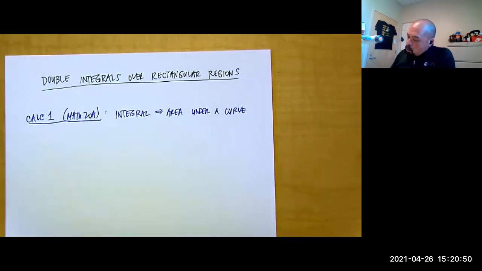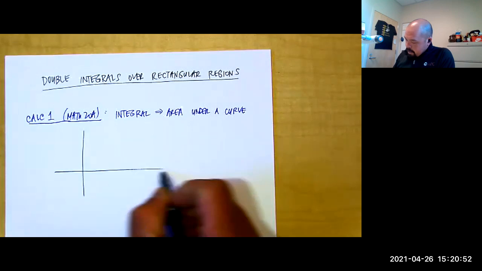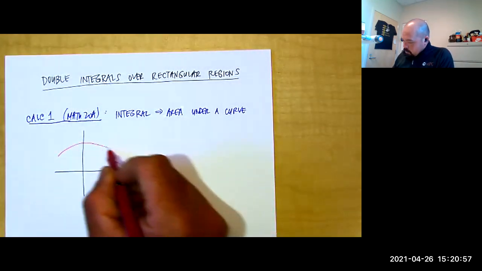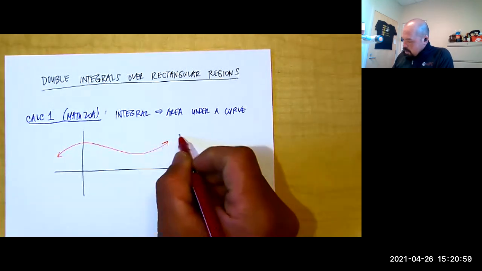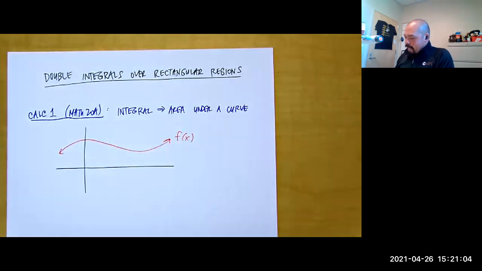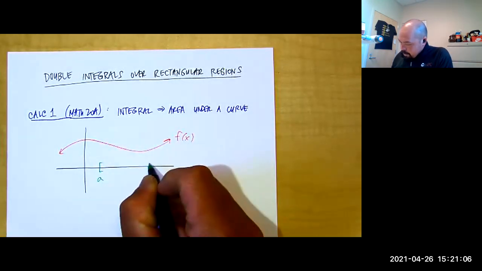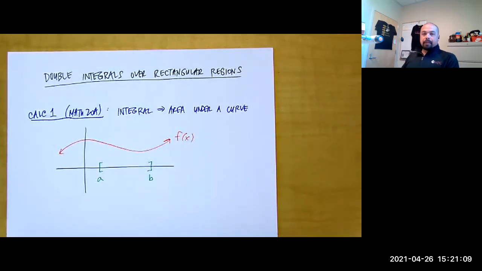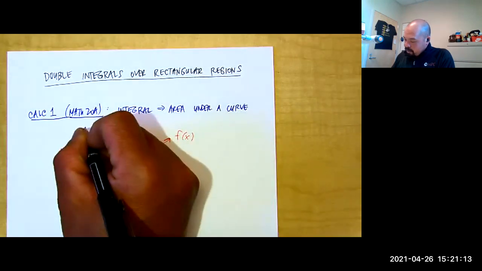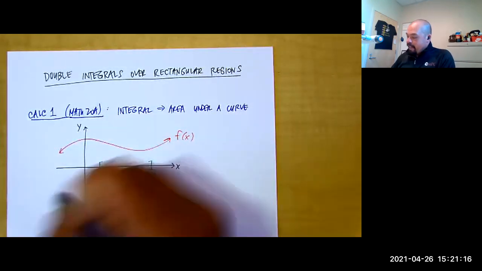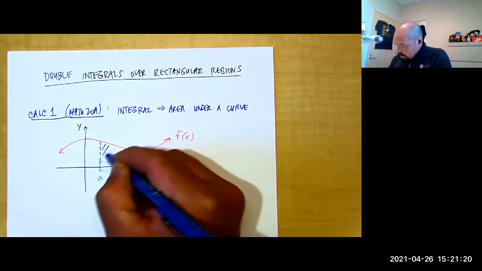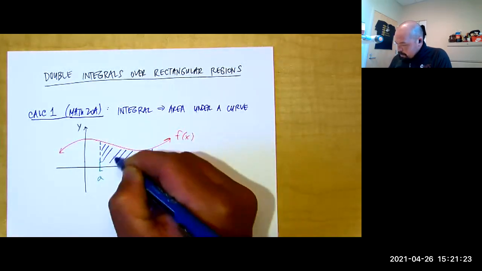And so when we looked at that, having our function f of x, we looked at some interval of the x-axis, and then that integral would exactly be that amount of area.